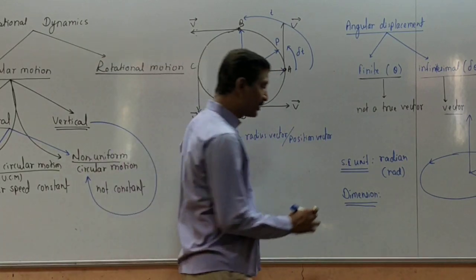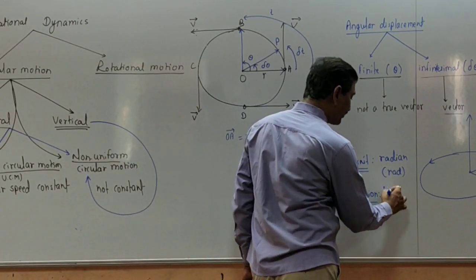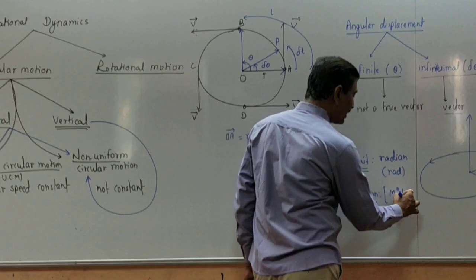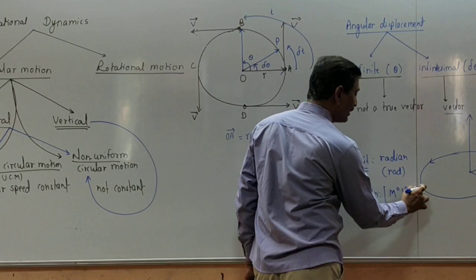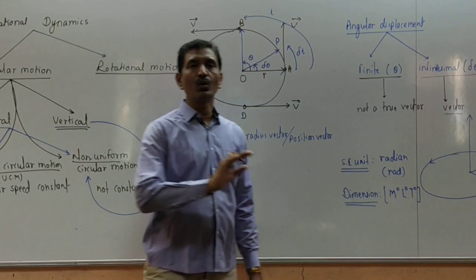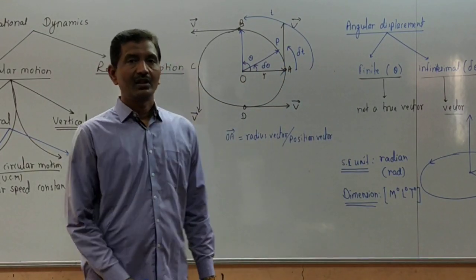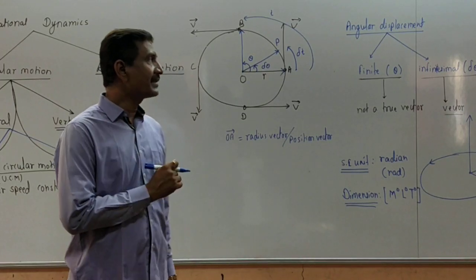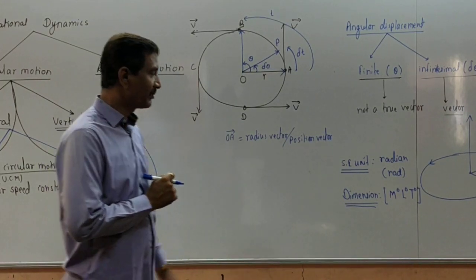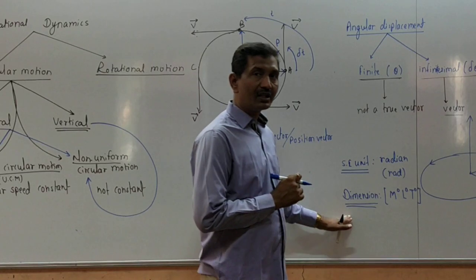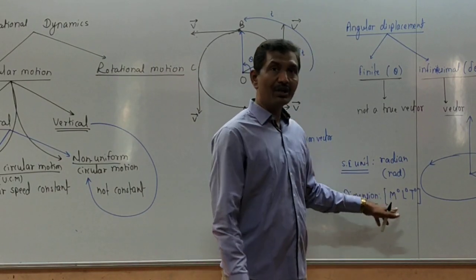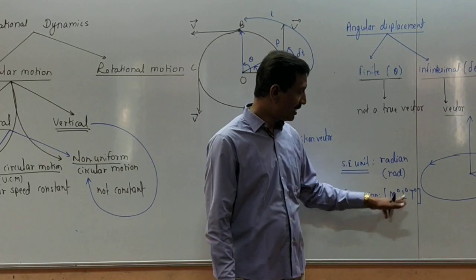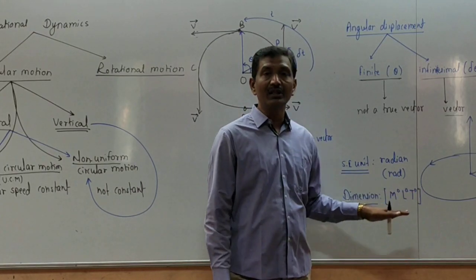The dimension of angular displacement is 0 in mass, 0 in length and 0 in time. It has no dimension, or it is a dimensionless quantity.